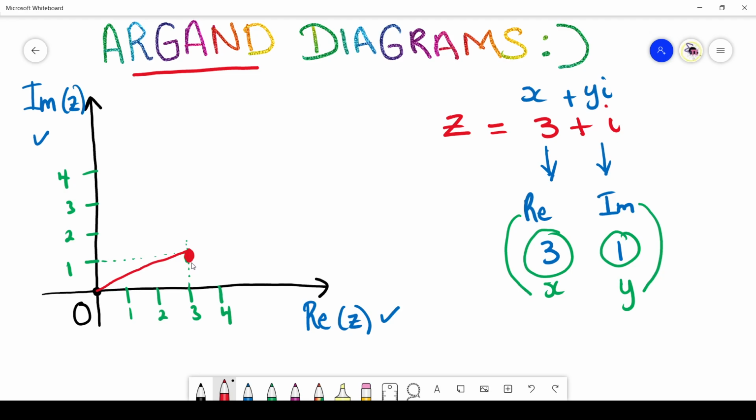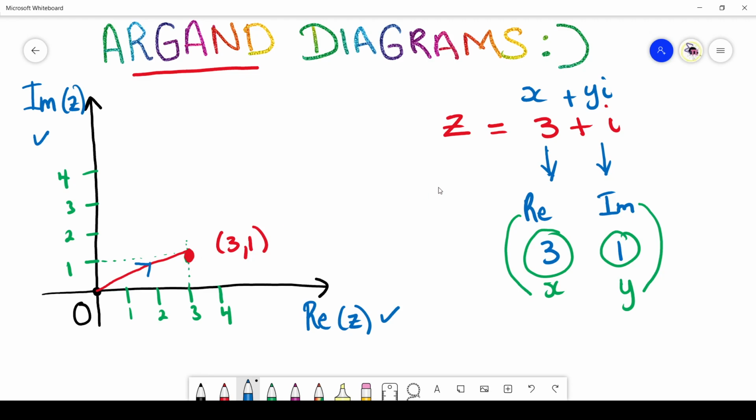Some people like to write in the coordinate that they plotted onto the graph page, and also, generally because it's considered to be a vector in essence, what usually happens is that we have an arrow included showing the direction of that complex number.